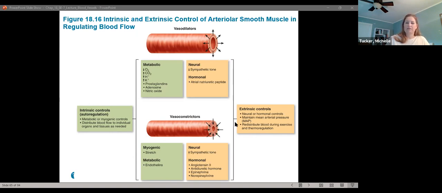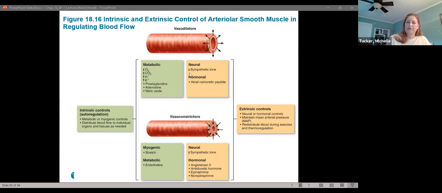And then we have those hormones that we talked about. For vasoconstrictors, we have angiotensin 2, and ADH, because it will reabsorb water in those kidney tubules. Remember, there are 4 functions of angiotensin 2, but we'll skip those for now. Epinephrine and norepinephrine are also vasoconstrictors.